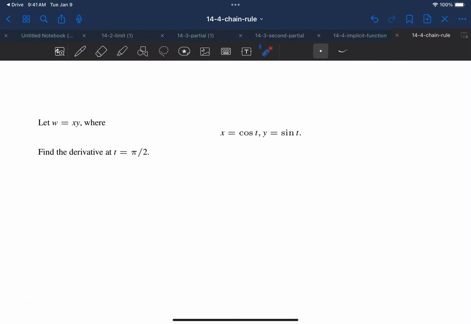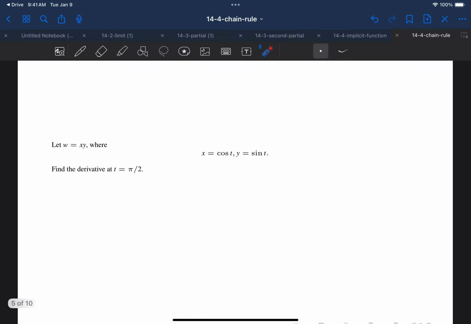So w is given by xy, where x is cosine t, y is sine t. Find the derivative with respect to t at pi over 2. So this problem can be given in calculus 1.